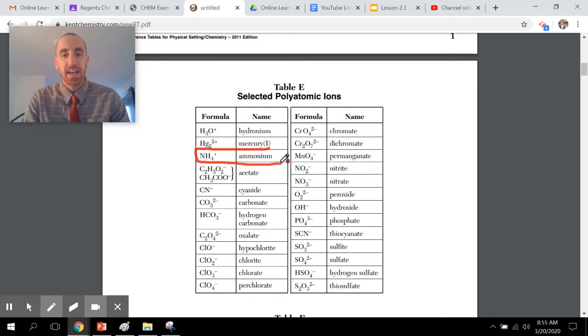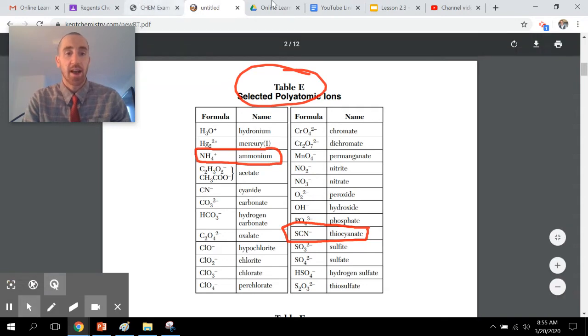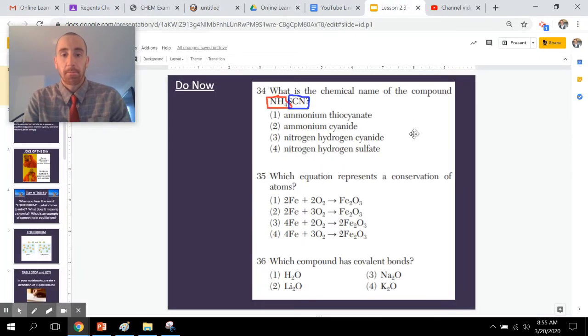And SCN is also here. You should remember that we never, ever change the name of polyatomic ions. Therefore, NH4SCN should simply be ammonium thiocyanate. Let's see if that is one of your answer choices. Ammonium thiocyanate, number 1, will be your answer. So the answer to that one is number 1.